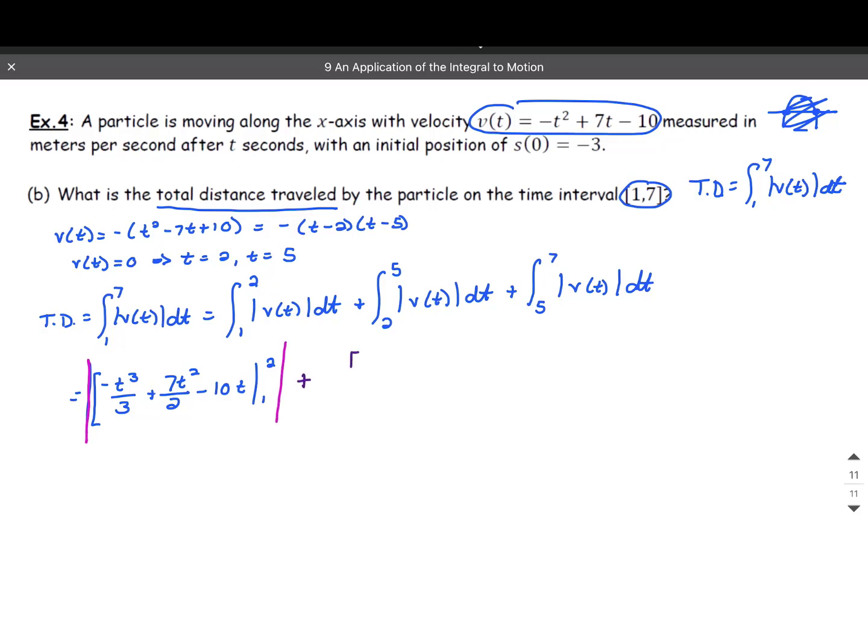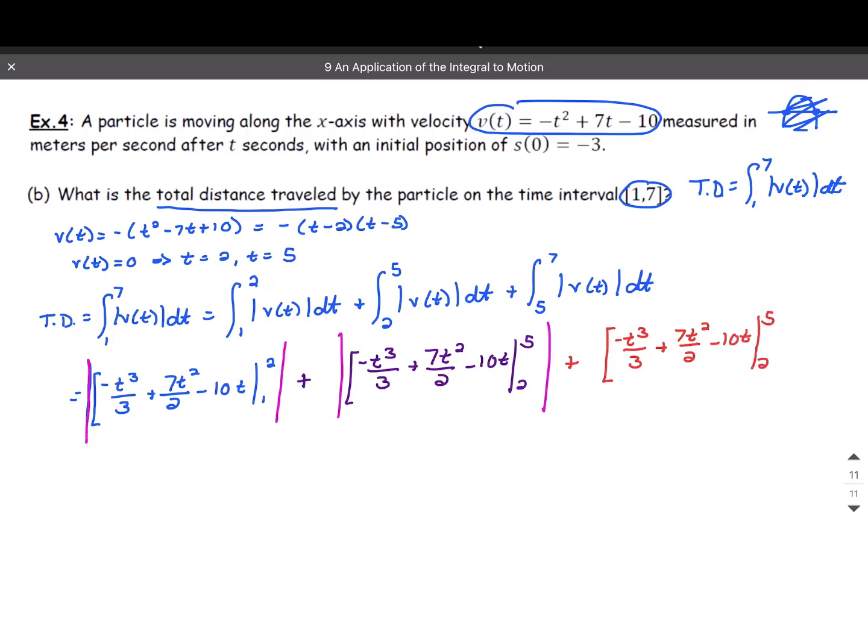Plus, we're going to take the same antiderivative, negative t cubed over 3 plus 7t squared over 2 minus 10t, and we're going to evaluate from 2 to 5, and take the absolute value of this, and we're going to add the same antiderivative, evaluated from 2 to 5, and take the absolute value of it. Oh, doesn't this look like fun, my darlings?